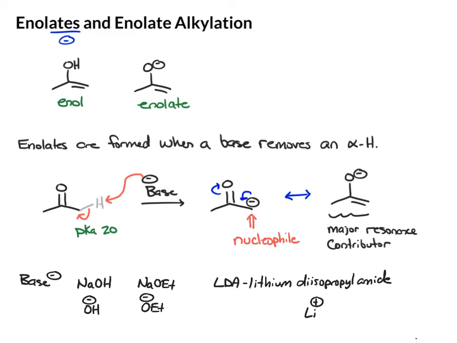Our cation is lithium plus, and then our base anion is this amide with two isopropyl groups. Remember that the amide term is given to the carbonyl functional group as well as just a nitrogen with a negative charge like this. This is a strong and bulky base, and we'll take advantage of that fact later in the chapter.